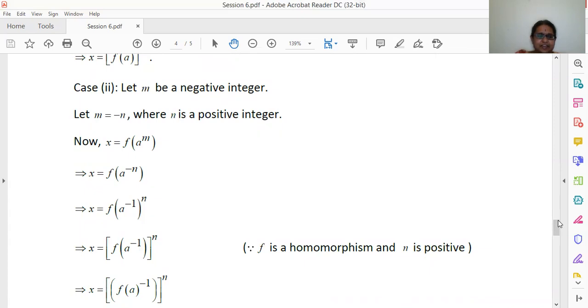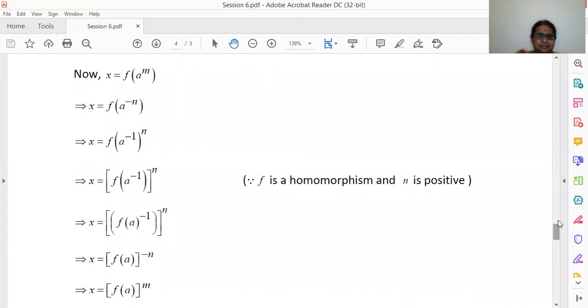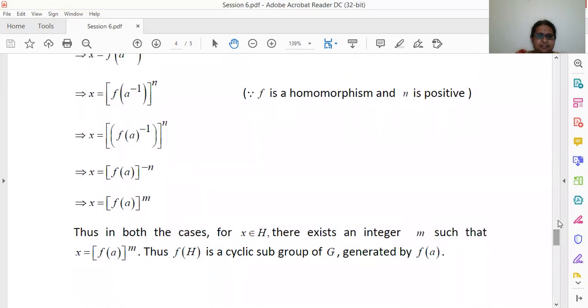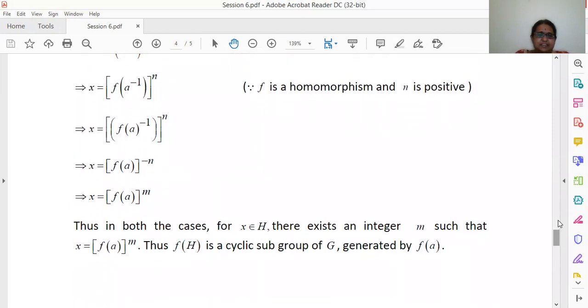Since minus n is m, x is f of a power m. So in both cases, for x belonging to f of H, there exists an integer m such that x is equal to f of a power m. Hence, f of H is a cyclic subgroup of G dash generated by f of a.